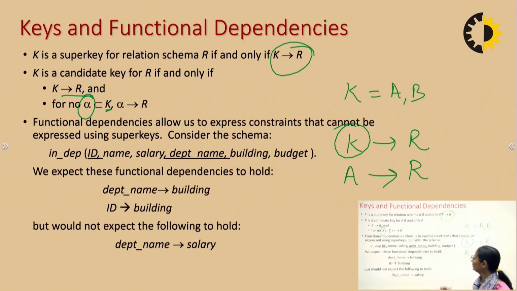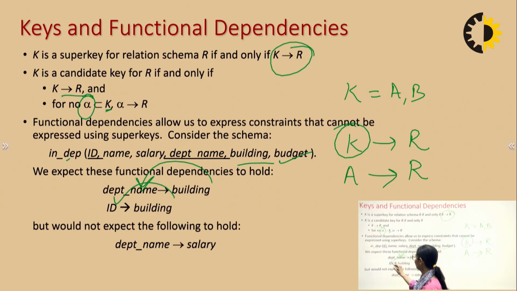For example, in this schema, I have a table for the schema: in department, I have ID, name, salary, department name, building and budget. So we expect these functional dependencies to hold. In this, we can clearly find that building is dependent on department name, and building is also dependent on department ID.